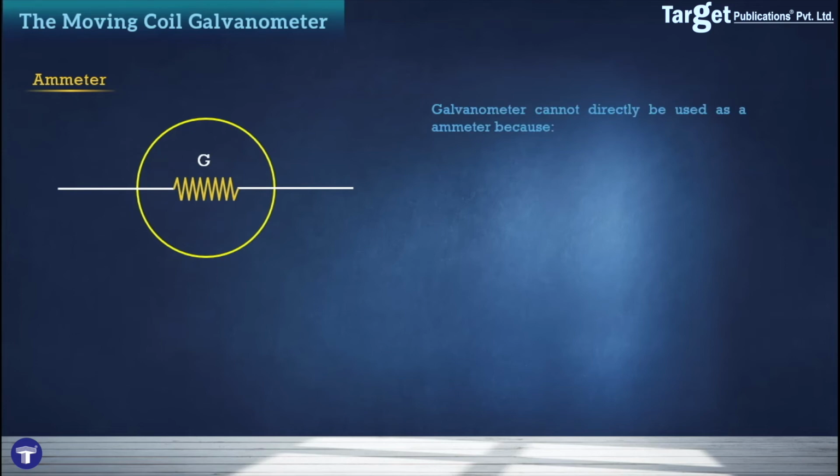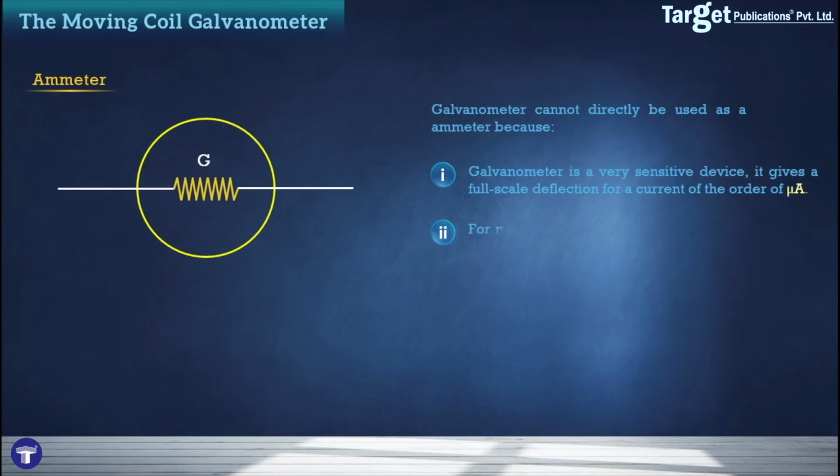The galvanometer cannot on its own be used as an ammeter because of two reasons. The first one is, like I said, the MCG or the moving coil galvanometer only measures small currents, and therefore its full scale deflection, that means its maximum range, is only a few microampere, whereas ammeters are used to measure larger currents. So that's why we cannot just directly use an MCG as an ammeter.